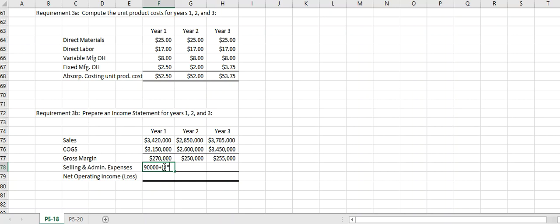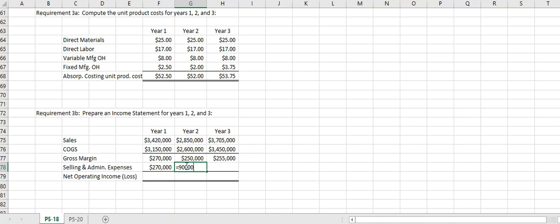So that's $3 times 60,000 units. I left out my equals. All right, that's $270,000.